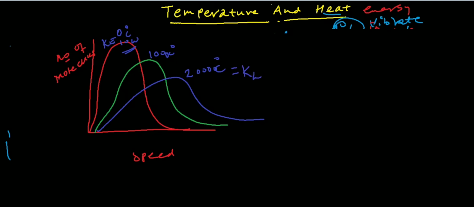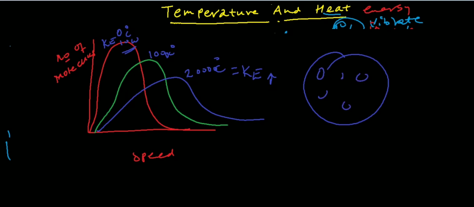The temperature is increased, so the kinetic energy also increases. Therefore, when the temperature increases, the particles inside a solid vibrate more, or in a liquid they flow, as they get high kinetic energy and high speeds.